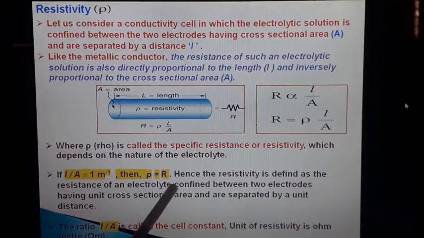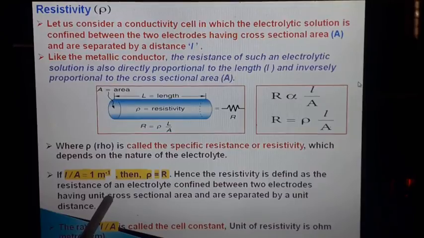Unit cross-sectional area means the cross-sectional area is 1, and the distance between the electrodes is 1, unit distance. The unit can be meter, centimeter or millimeter, any one.